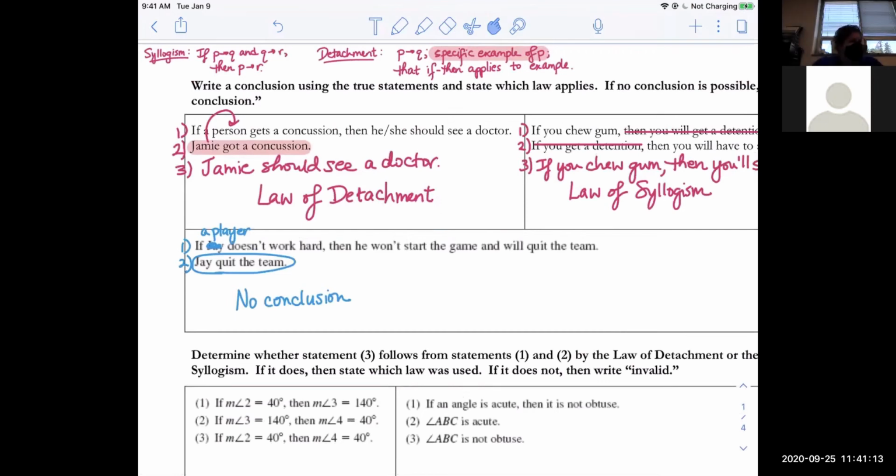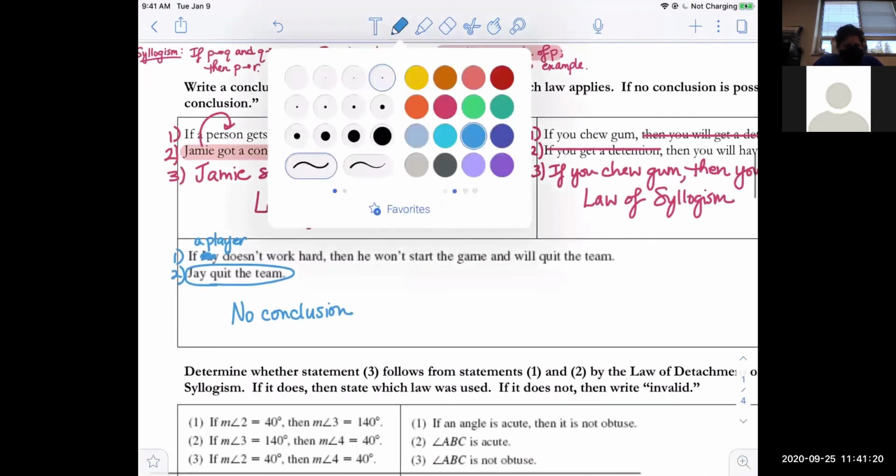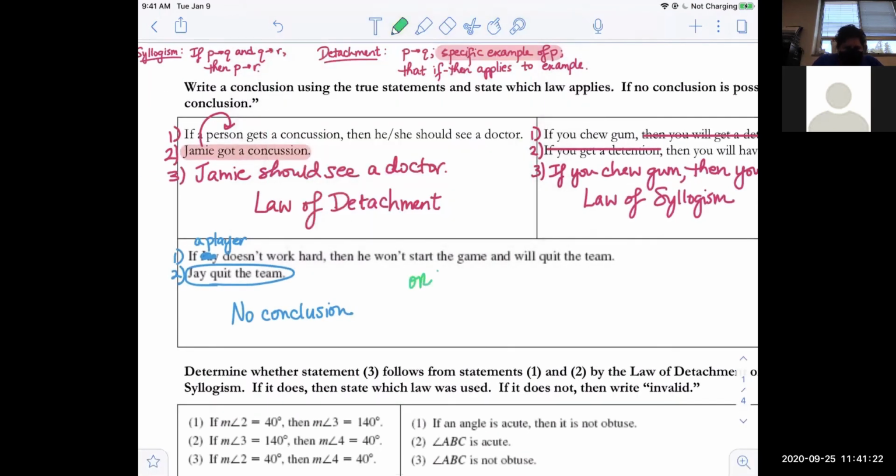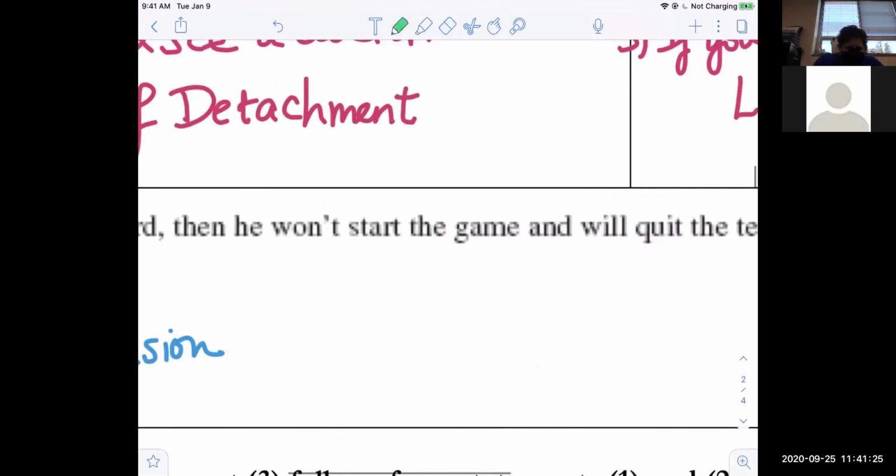The other thing you can do is think, how would I make a valid argument? This would be a good argument.